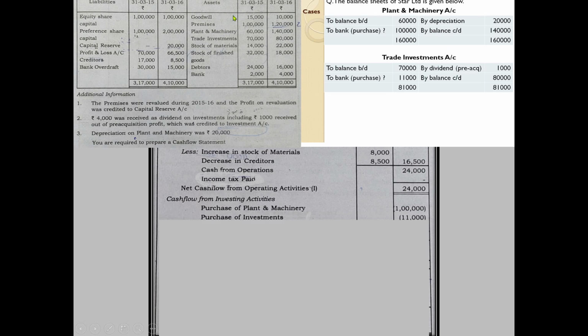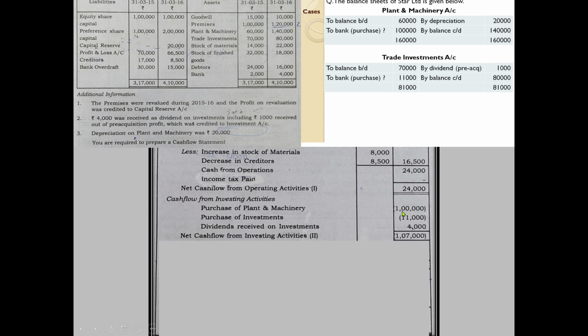Next one, if you go to the balance sheet, you can see that trade investment is a fixed asset and we have prepared an account for the investment. If you go through it, you can see that there is a purchase of rupees 11,000. It is a cash outflow, so it has to be shown in brackets.